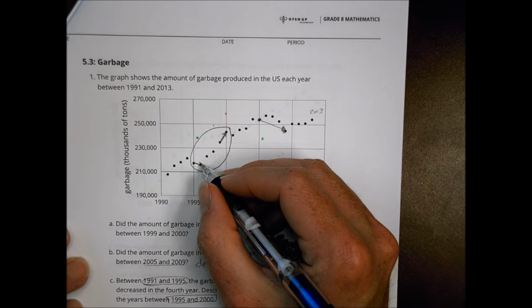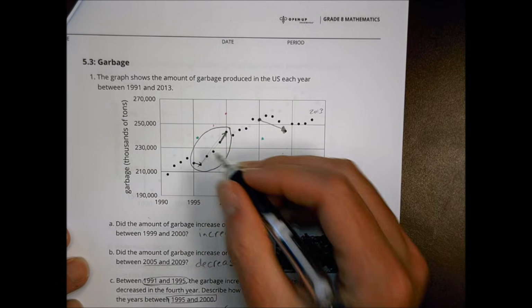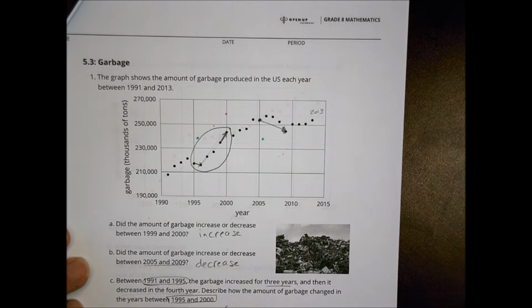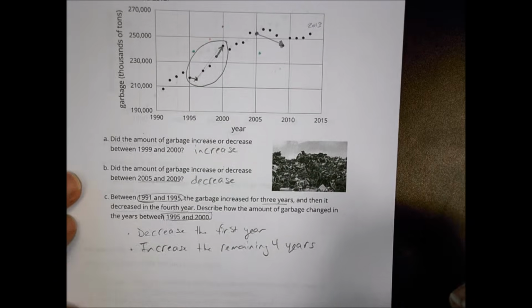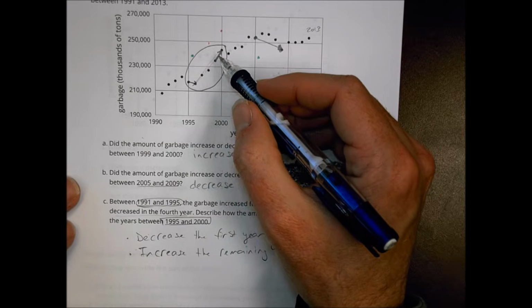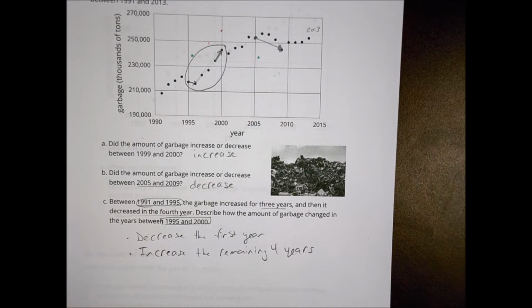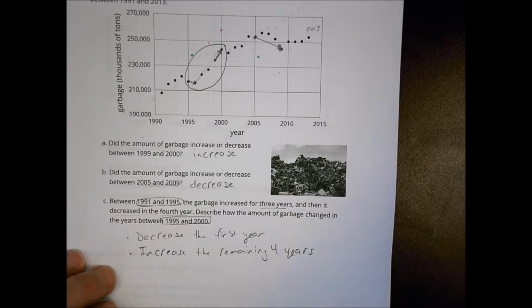But from that point on, it was an increase the remaining 4 years. And that's the idea for 5, 3. Okay, for at least the number 1. Let's take a look at the next graph.